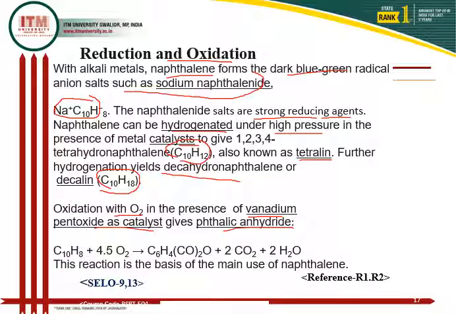So here you can see the oxidation reaction of naphthalene to form phthalic anhydride, and this reaction is the basis of the main use of naphthalene. So it readily oxidizes. So we can see it is more reactive than benzene, the aromatic hydrocarbon, and this is present in the crude oil.